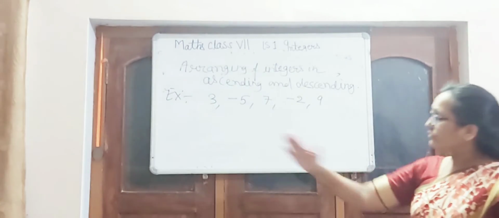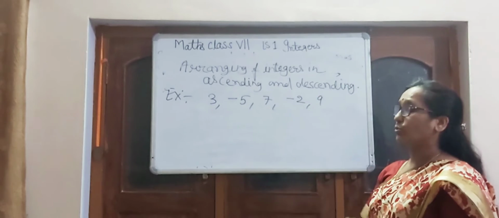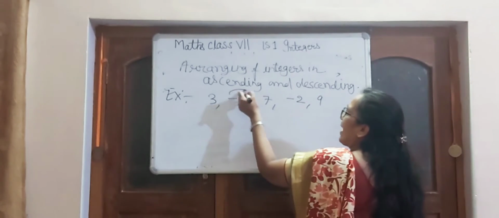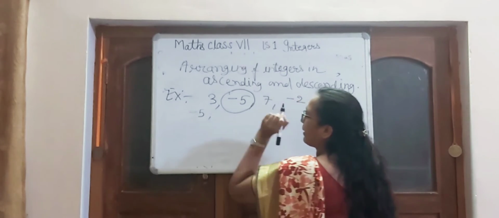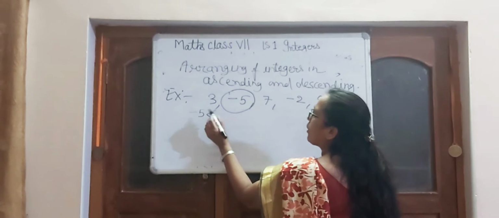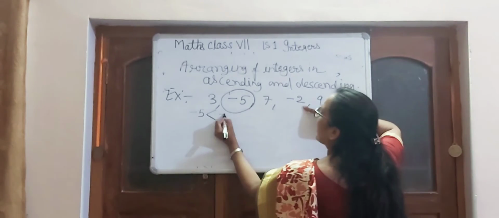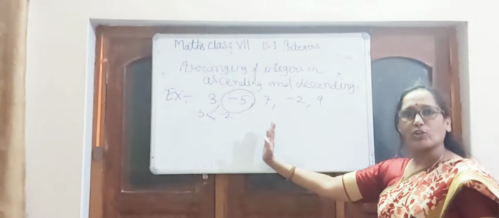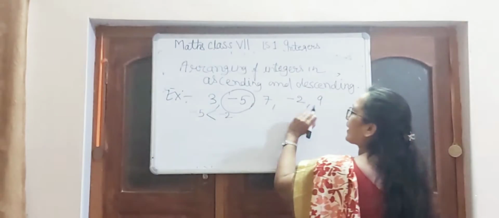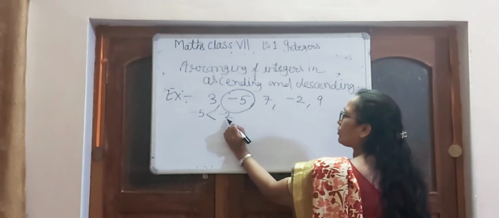Here, which is the smallest number? You will say, Madam, 2. No. Here, minus 5 is the smallest number. You can write it with a comma. After this, which is the smallest? Minus 2, because a negative integer is always less than the positive integers. But among negatives, the bigger negative number is less than the smaller negative number.